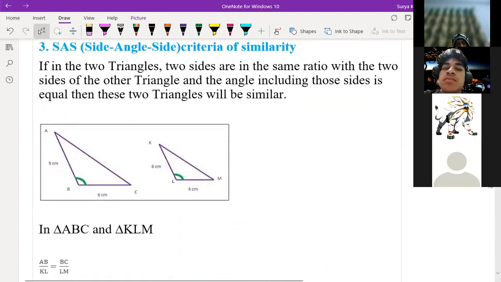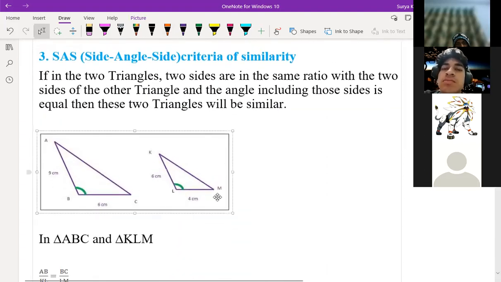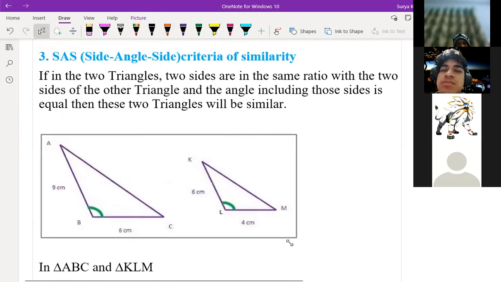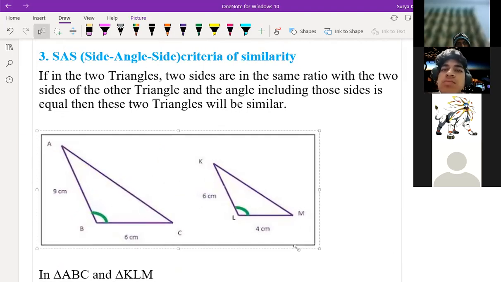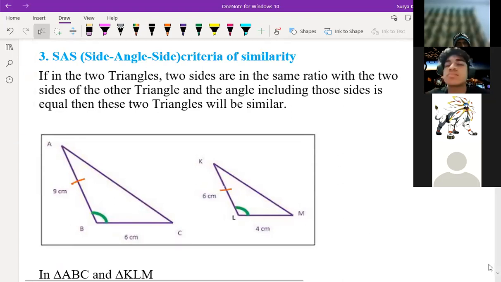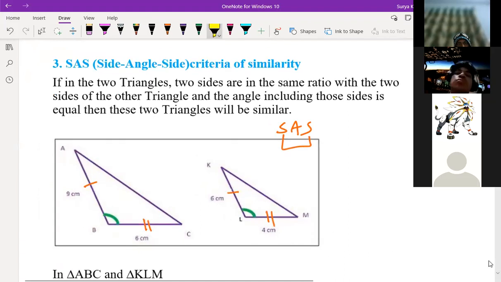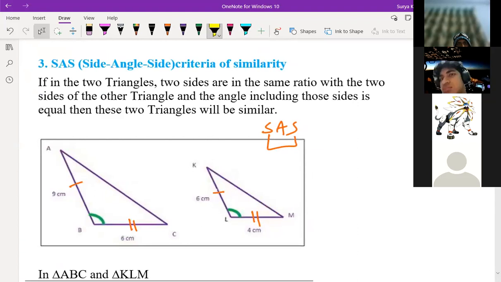Now the third criteria is side angle side. Side angle side. Okay. So this criteria means that the two sides should be proportional, and the angle between them should be equal. Children, you may have a doubt here: this angle is always in between only.